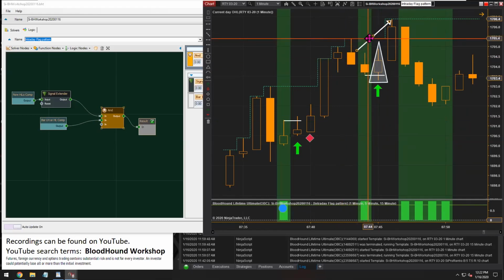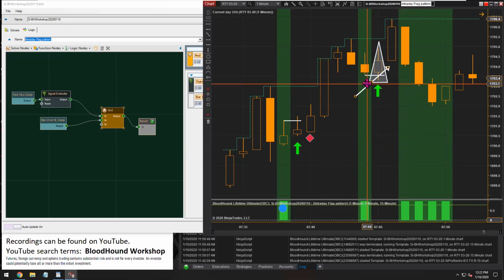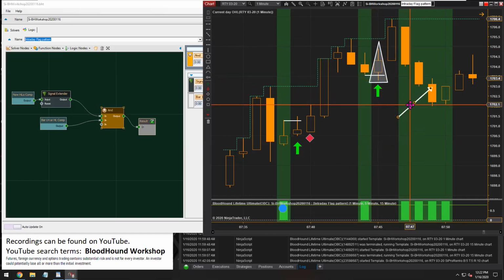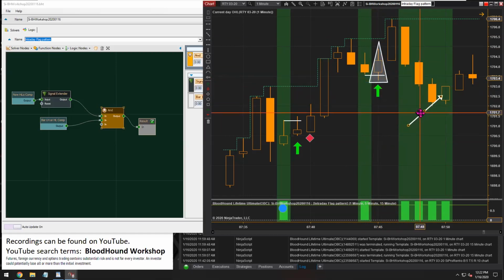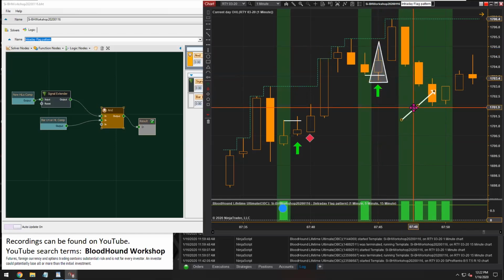Same thing over here. We got 1, 2, 3, 4, 5. This is our fifth and last bar, and it doesn't break it. So it's setting up, but the pattern never completes.